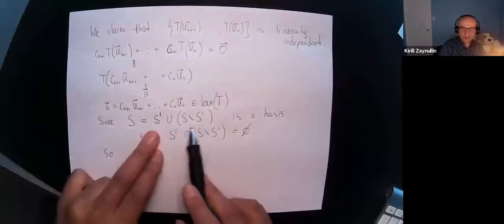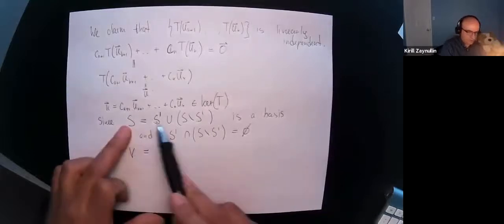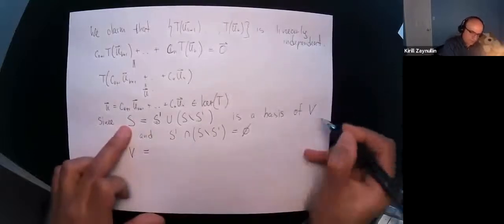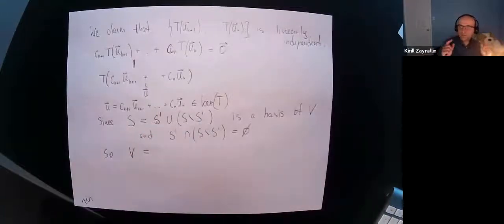What we can conclude from this is that our vector space, this is a basis of V, and then we subdivide this basis into two disjoint subsets, so we can take the spans of those subsets.